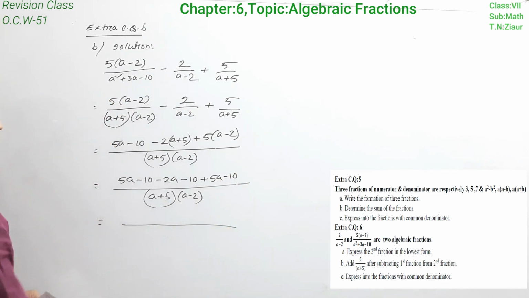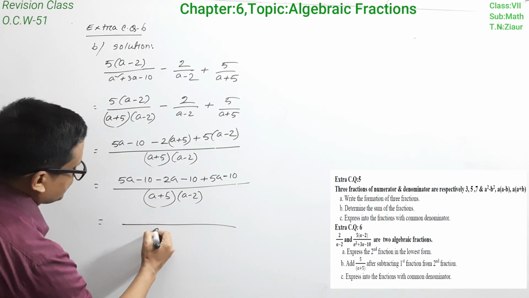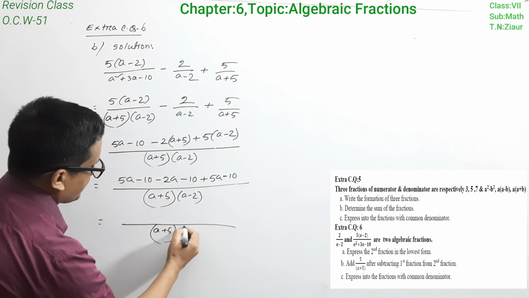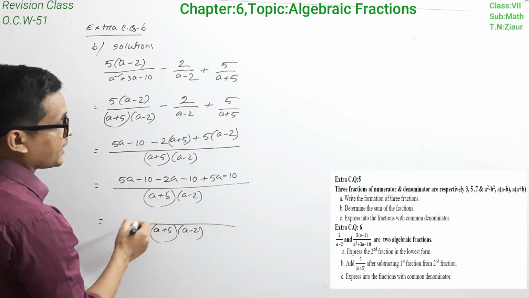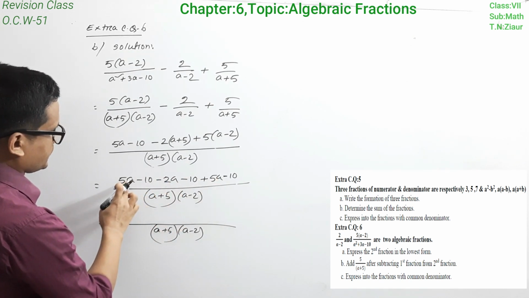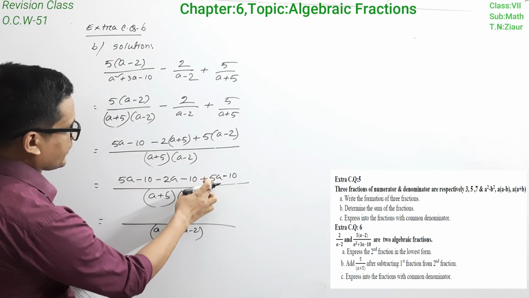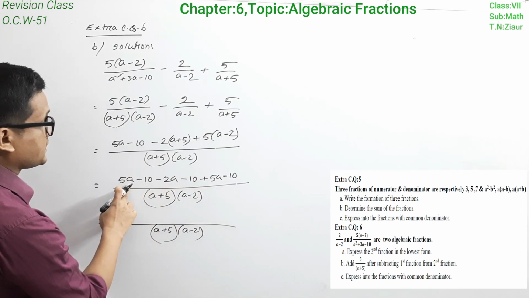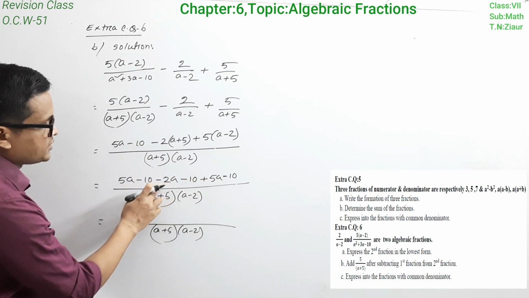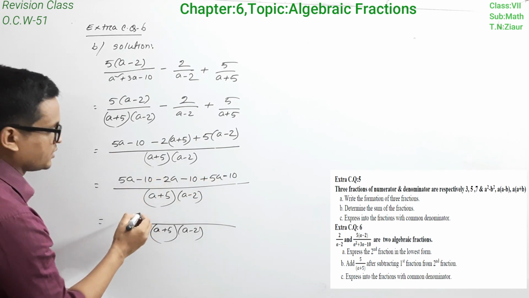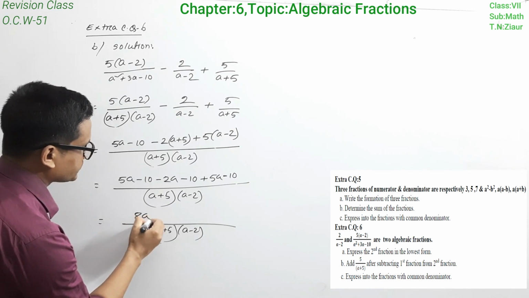Now students, we can write a plus 5, a minus 2 in the denominator. Then in the numerator, how many a are there, 5a and 2a? So 5 plus 5 it will be 10a, because both are plus here. So this 2a is minus, so 10a minus 2a it will be 8a.